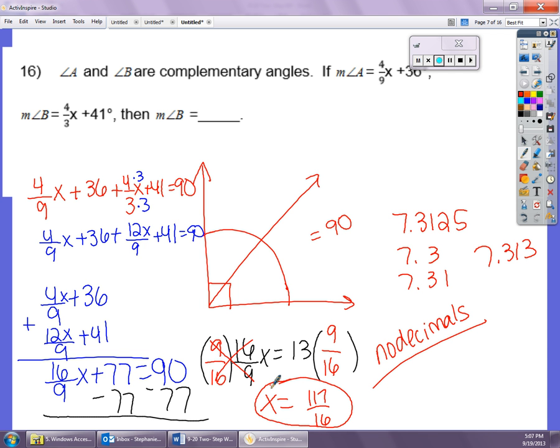All right, so then they asked us what was measure B. So you do 4/3 times 117 over 16 plus 41. And that gives you 203 over 4. Yep, 203 over 4 degrees.